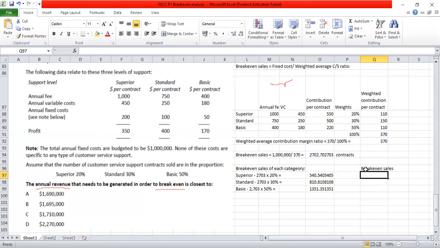Just multiply into the fees per contract.